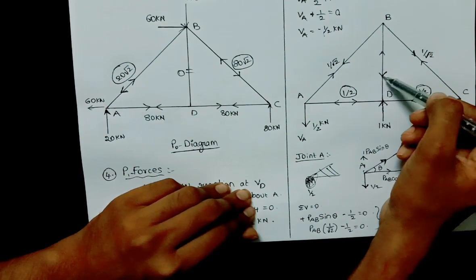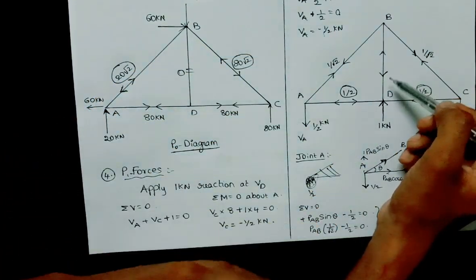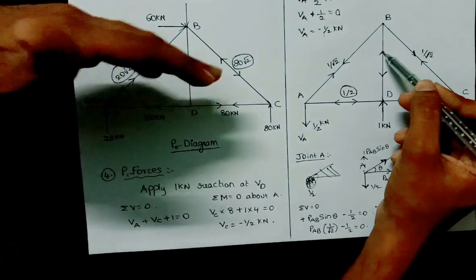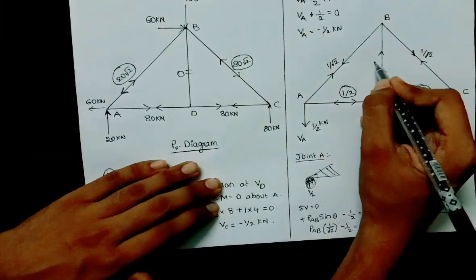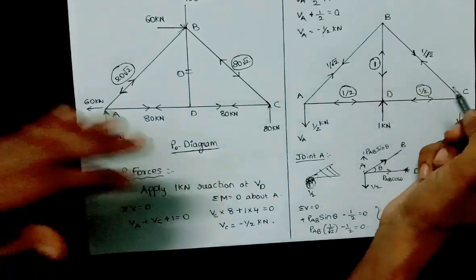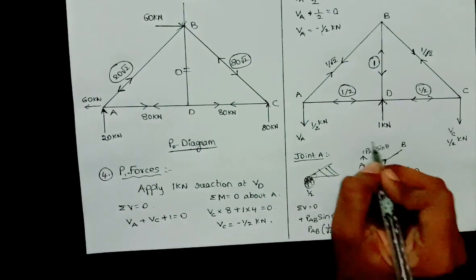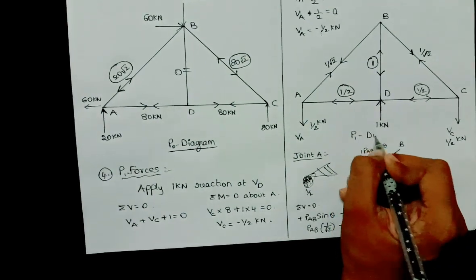If this arrow is towards the joint, that means it is pressing the joint C. So another arrow is assumed in upward direction, so this will be 1 kilonewton compression. The arrows are away from each other, so it is 1 kilonewton. These forces are known as P1 forces, and this diagram is known as the P1 diagram.